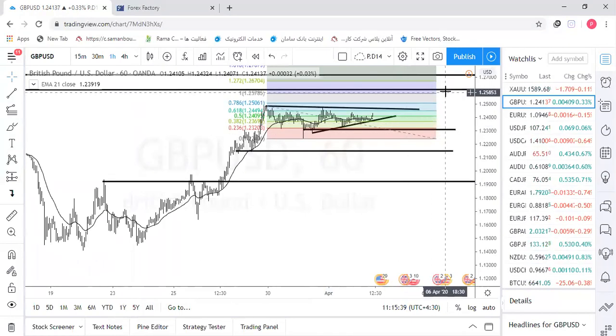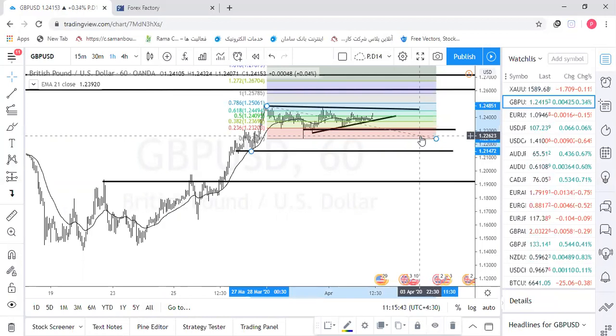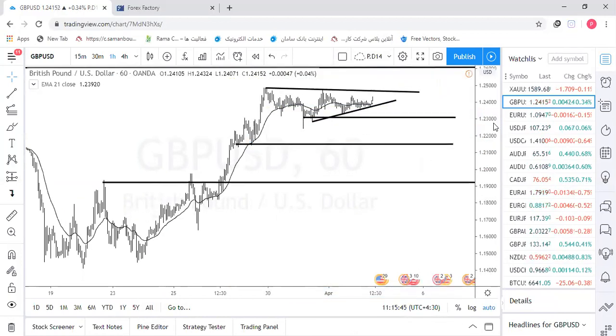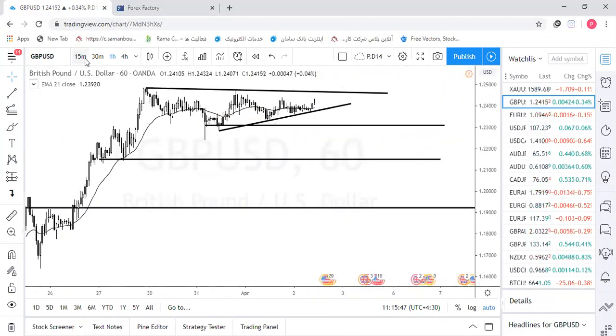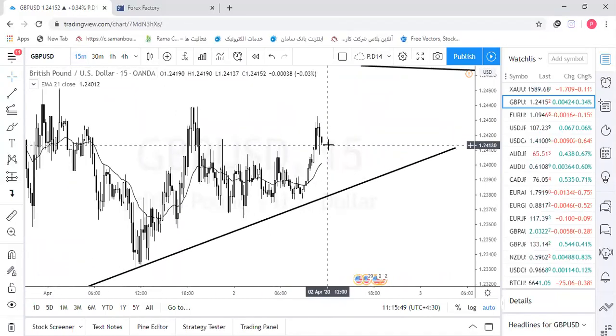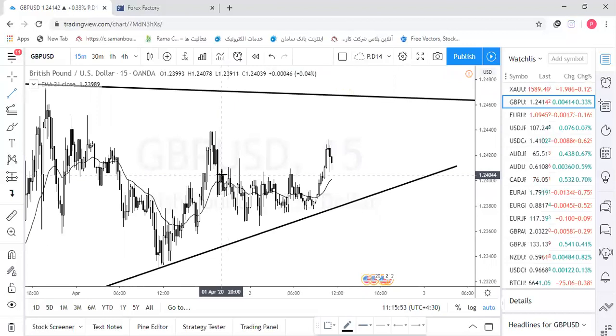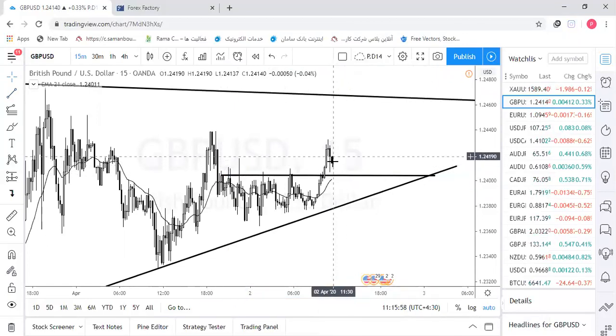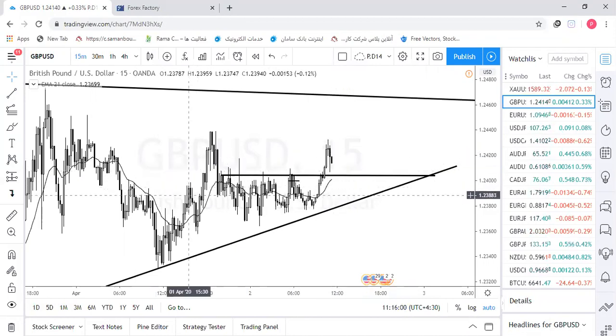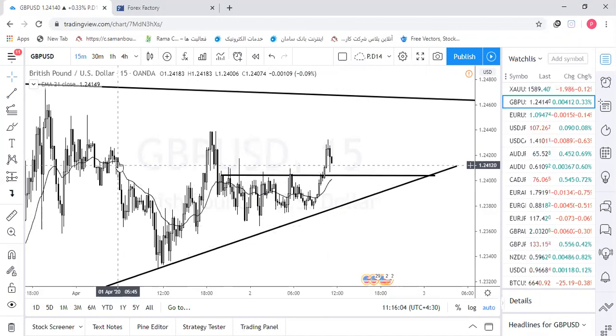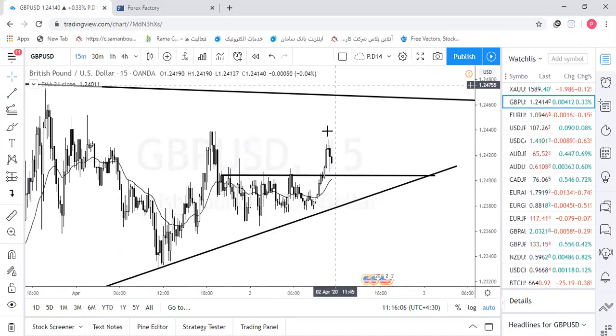So we have one in most near to this zone. So that is a good zone. We can wait for a retest on this area. So if candle closed in bullish movement, like this candle or this candle, we can take buys.